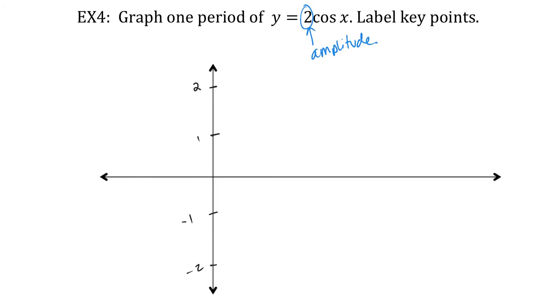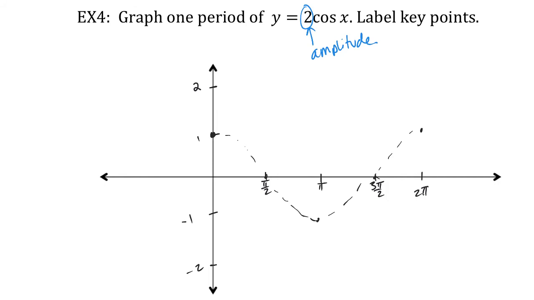Okay, so cosine coasts. So usually cosine would go, we'll get our key points labeled here. Let's see, pi over 2 and 3 pi over 2. Okay, cosine usually starts up and coasts downhill. Right, so there's my cosine.